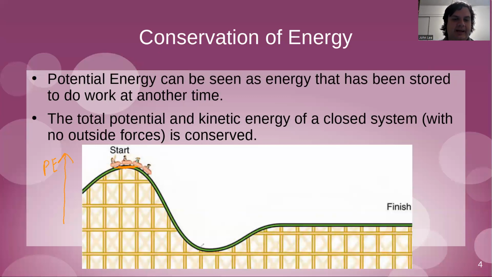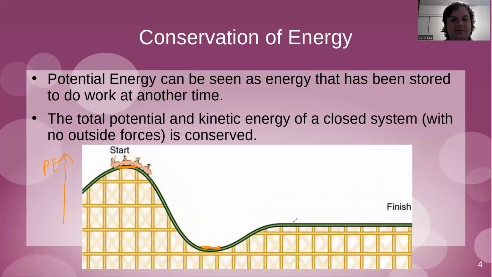And then as you go down, the potential energy goes down, but the kinetic energy is going to go up, because if the total potential and kinetic energy is conserved, if it doesn't change, then that means that as the potential energy goes down, the kinetic energy has to go up. So the potential energy is at its lowest point, and the kinetic energy is at its highest point here.